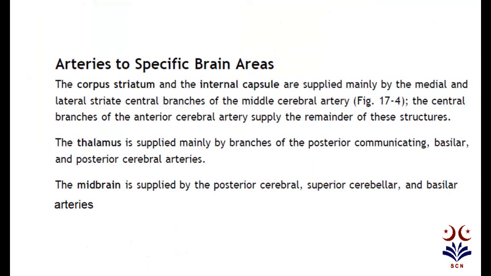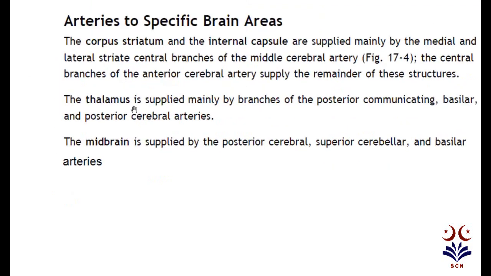The corpus striatum has various portions and names of the basal nucleus: the lentiform nucleus, caudate, putamen, which we learn in the basal ganglia. The blood supply of the internal capsule is very important. The central branches of the anterior cerebral artery supply the remainder of these structures.